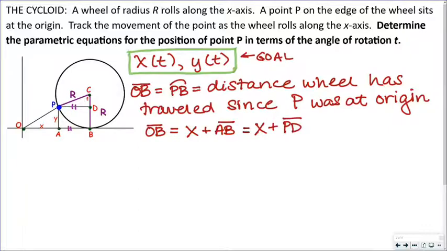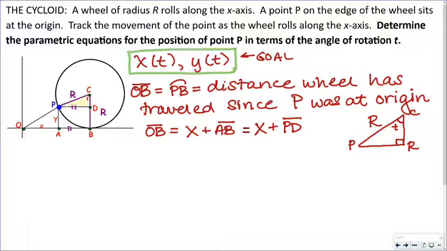Okay, now let's draw a diagram of this triangle here in the center, and let's blow that up so we can use that in coming up with these equations. So this triangle, which is the triangle from inside the circle, which I'll call triangle PCD, has hypotenuse of length r, that's a radius of the circle, and then the angle here is angle t in radians.